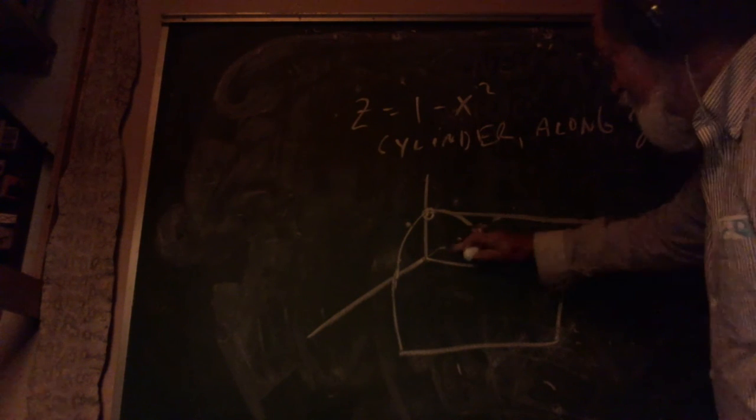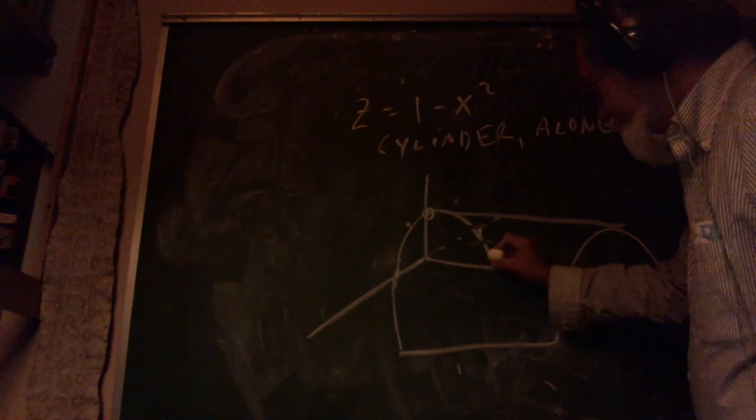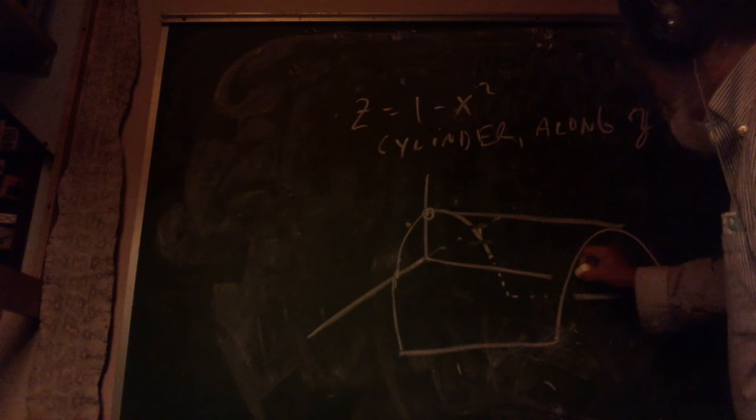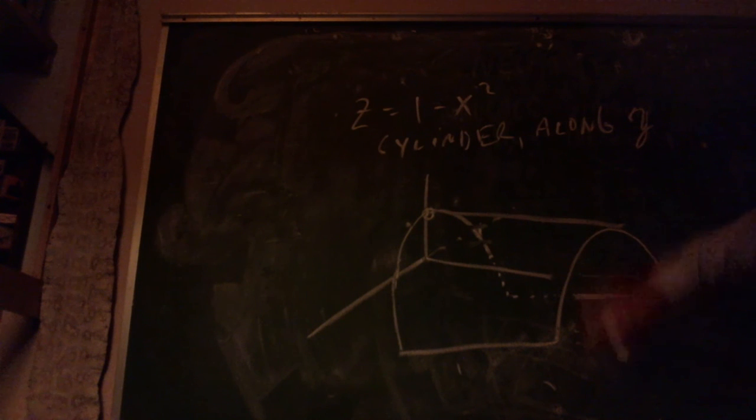Now this is happening in the background. And here's the y-axis. It comes shooting out like that. What do you think, huh? It's a tunnel. It looks like a tunnel that cars would drive through, but it's parabolic shaped.